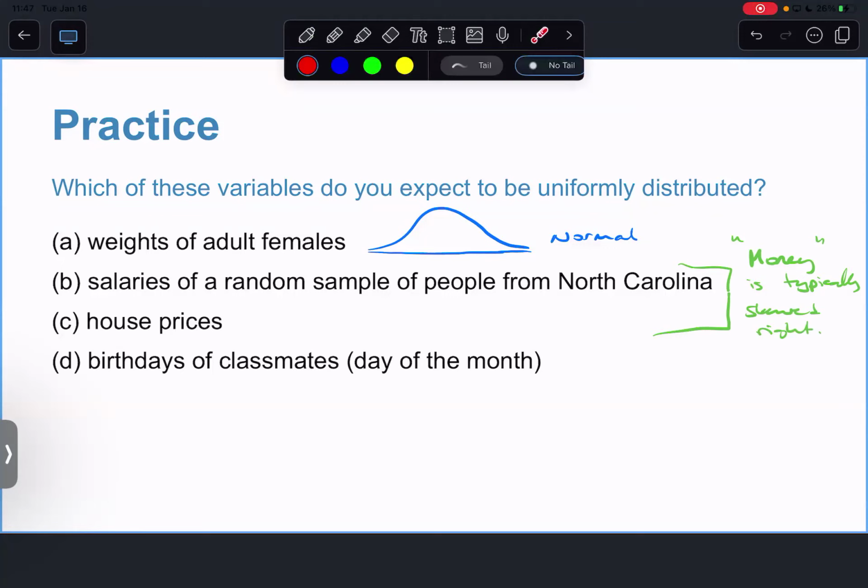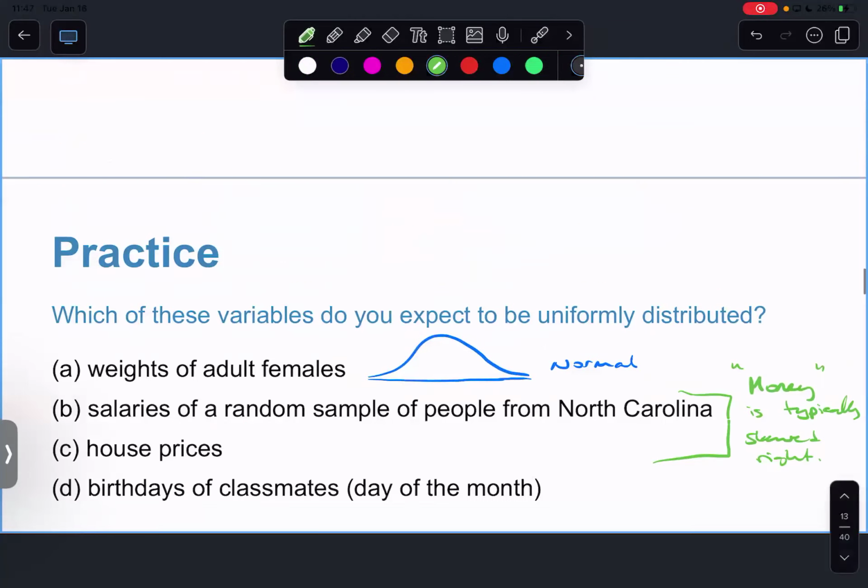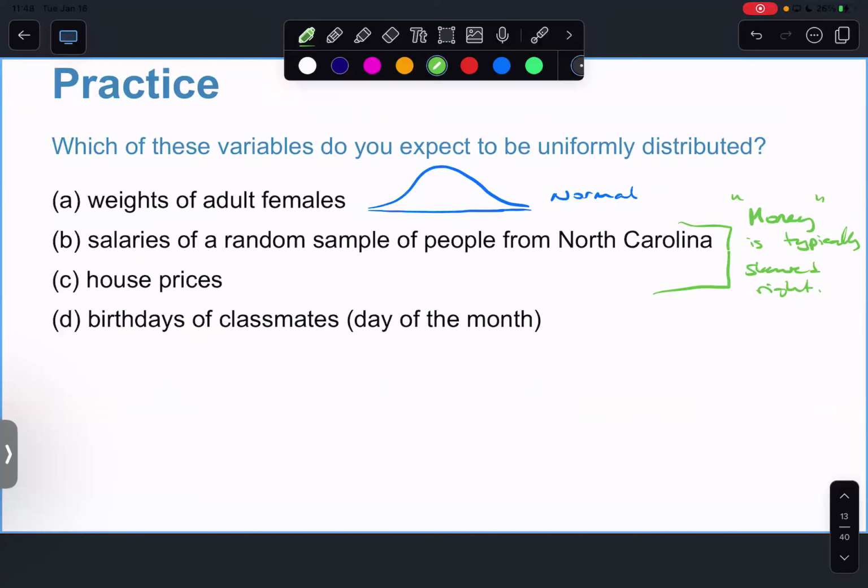If we think about salaries of a random sample of people from North Carolina, they live in the same region, fair enough, but even within that region, you probably have something that looks like this, right?